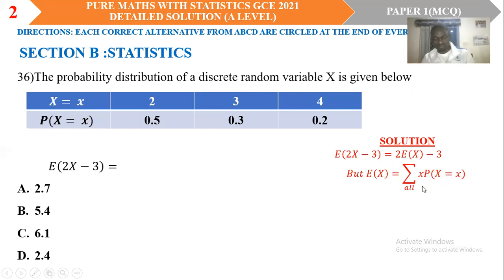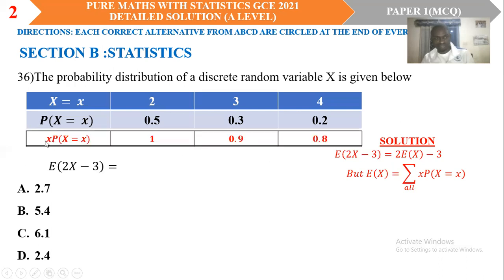To do this, we create a rule for x P of x equals x and simplify. When x is 2, 2 times 0.5 gives 1. When x is 3, 3 times 0.3 gives 0.9. When x is 4, 4 times 0.2 gives 0.8. Adding up, we have 1 plus 0.9 plus 0.8, which gives 2.7.